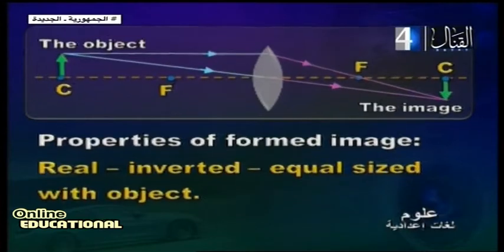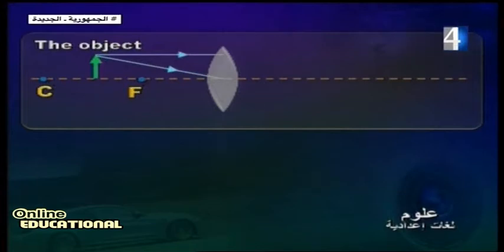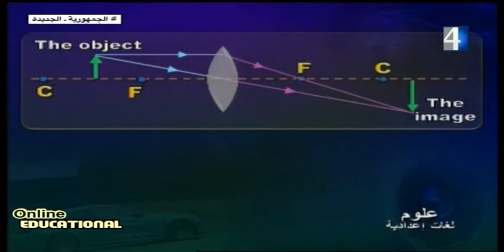Okay, let's try to remember the next case. Yes, of course, here the object is between the center of curvature and the focus. We draw two light rays, one is parallel, the other passing through the optical center. At the point of intersection of these two rays, we have the image.